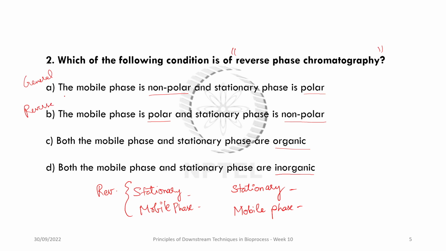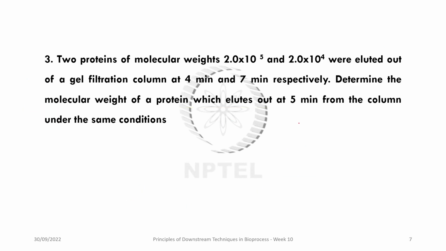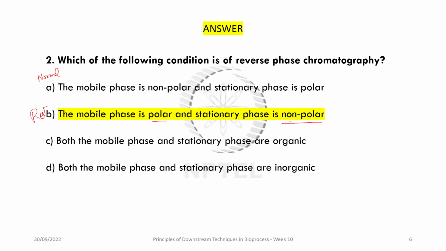Whereas in reverse phase chromatography, you have the mobile phase being polar, more ionic or water based, and the stationary phase being non-polar, which is hydrophobic. Okay, based on the polarity, the separation is going to happen.